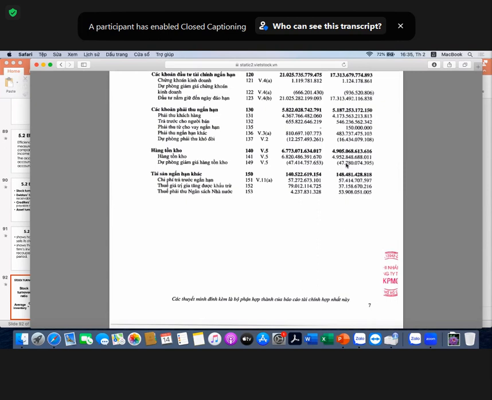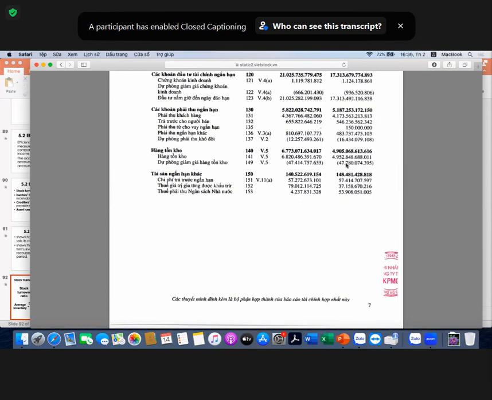So, in other words, in 2021, there are 5.93 times average inventory is turned over during the year.